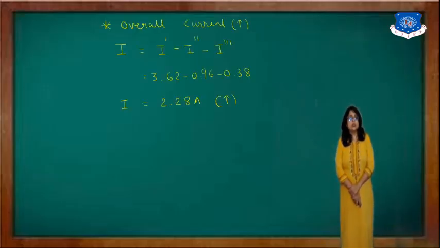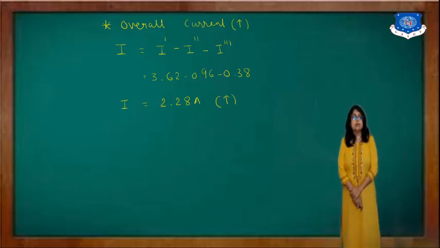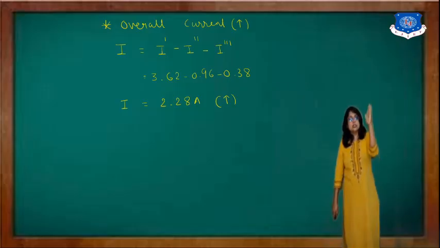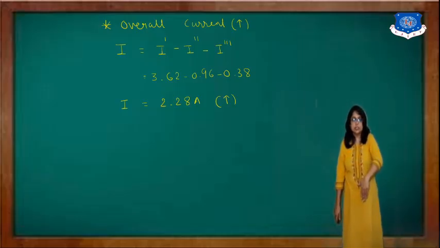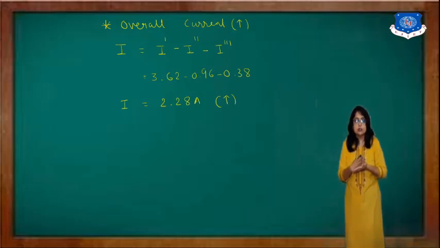Now what is the total current? The overall current equals I dash minus I double dash minus I triple dash. Why? Because the direction of I dash is upward, and the directions of I double dash and I triple dash are downward. If the directions are different, then you have to do the subtraction.